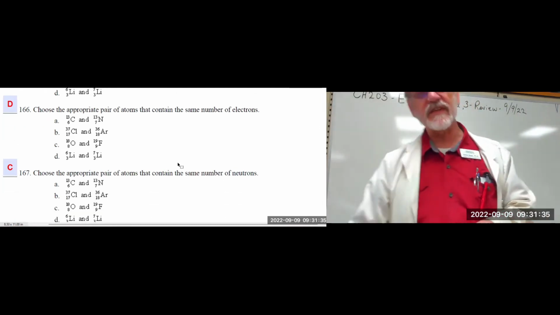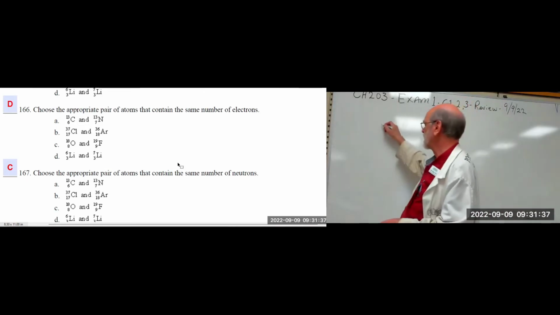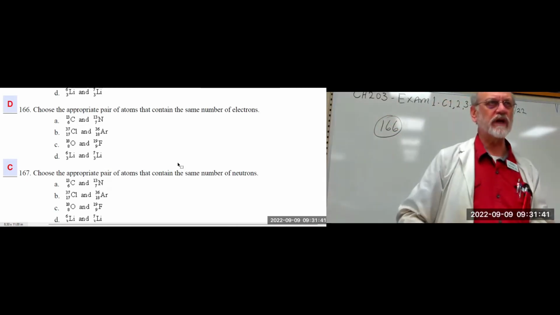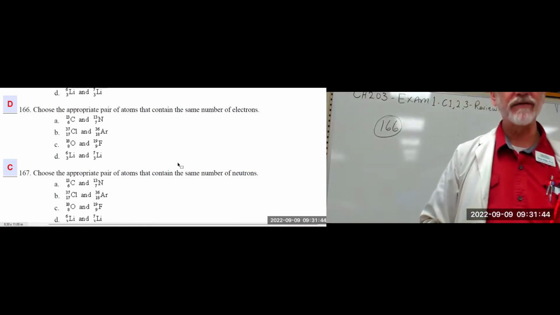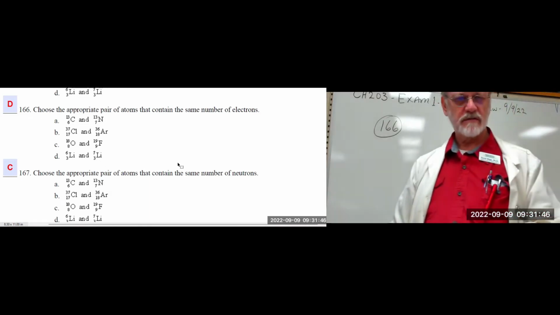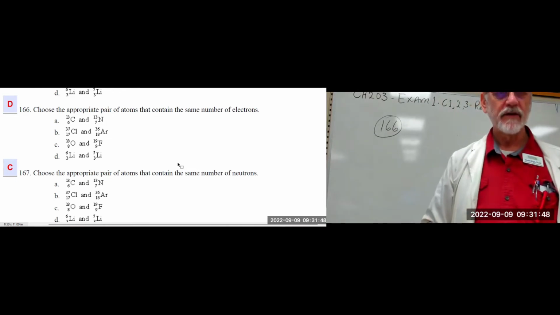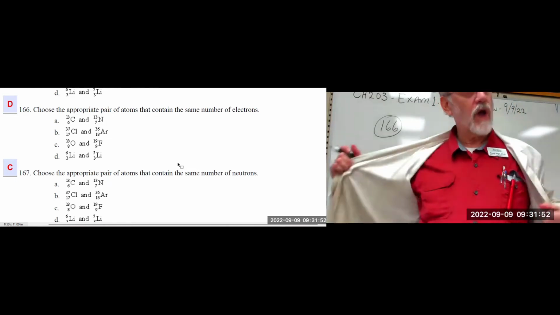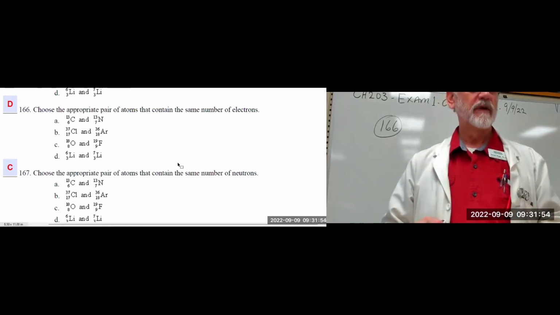All right, 166 is sort of the same. It's like a fraternal twin for 165. Choose the pair of atoms that contain the same number of electrons. Well, all of your examples are neutral.